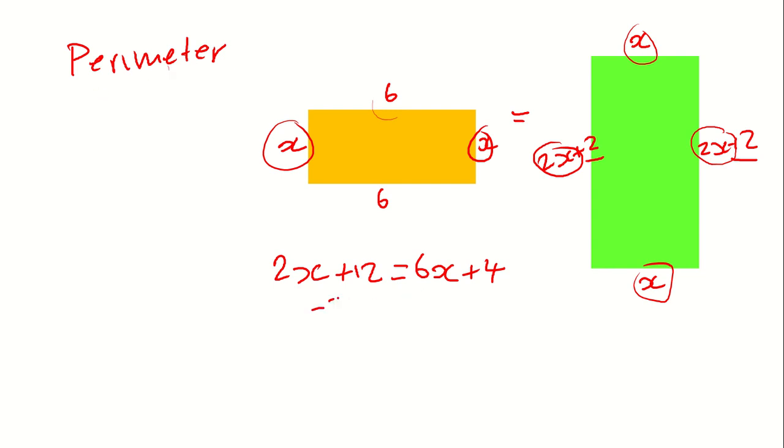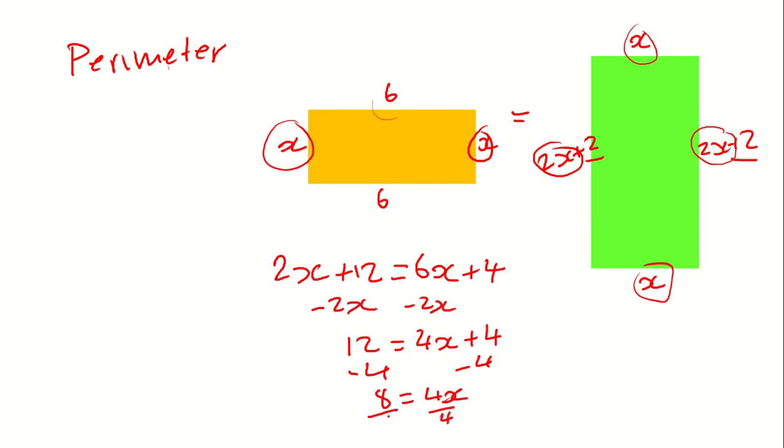Now I can solve. So minus 2x from both sides. I get 12 equals 4x plus 4. Minus 4 from both sides, and I get 8 equals 4x. Divide both sides by 4, and x equals 2. So in this question, x equals 2.